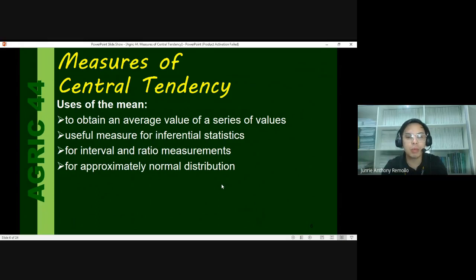And then, speaking of ratio measurements, if you want to obtain the standard measurement of a particular unit, for example the value of the yield or the mass or the length, among other things. And then it is used for approximately normal distribution.